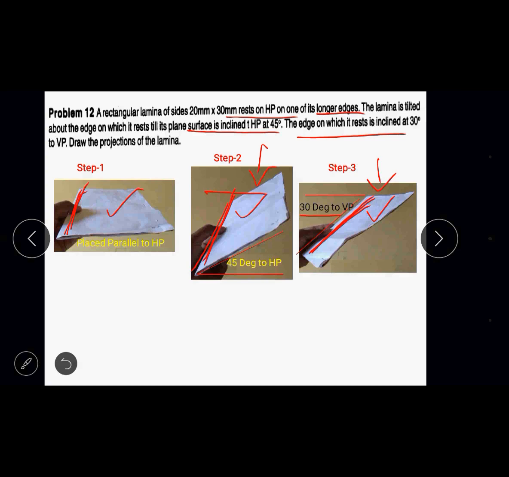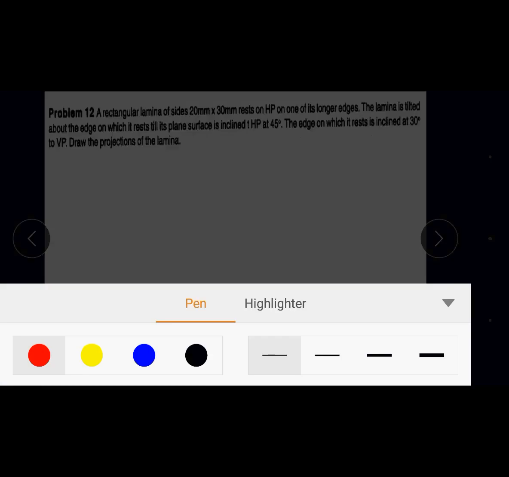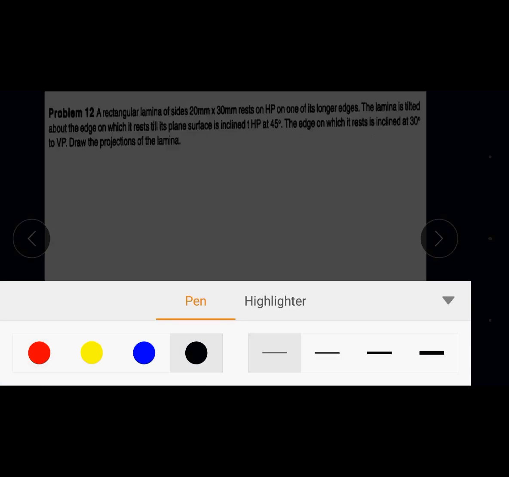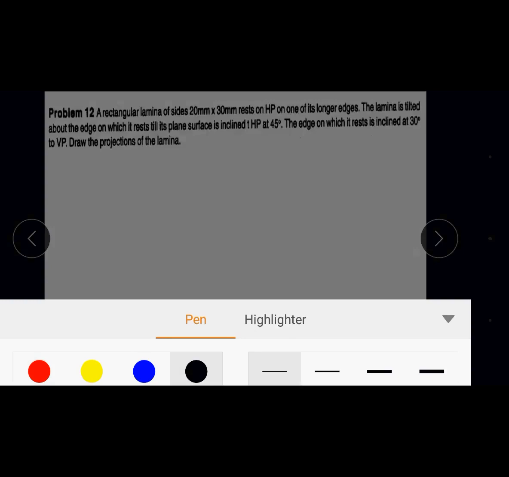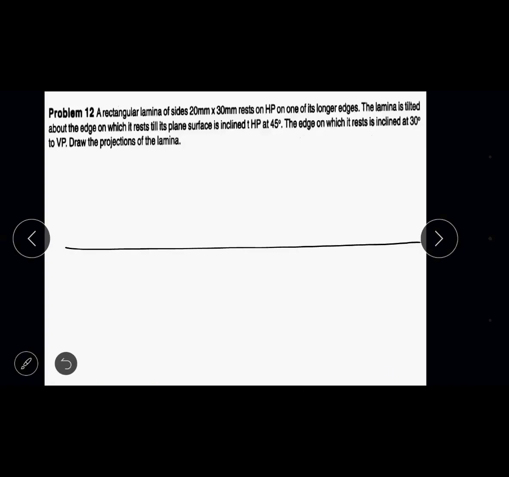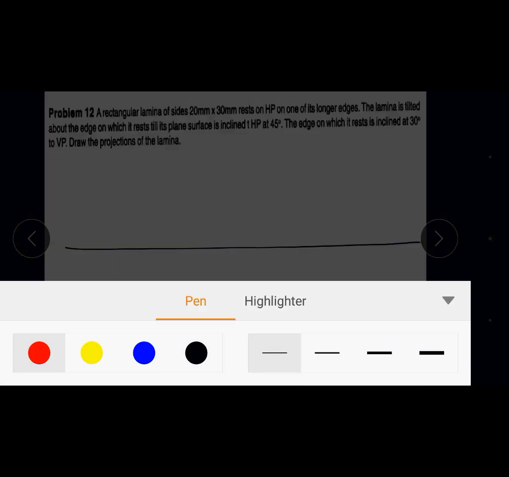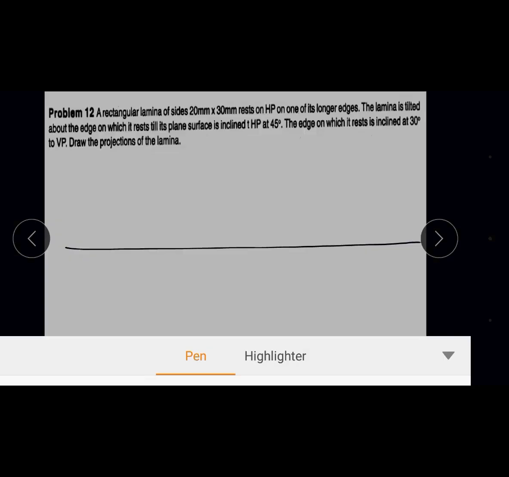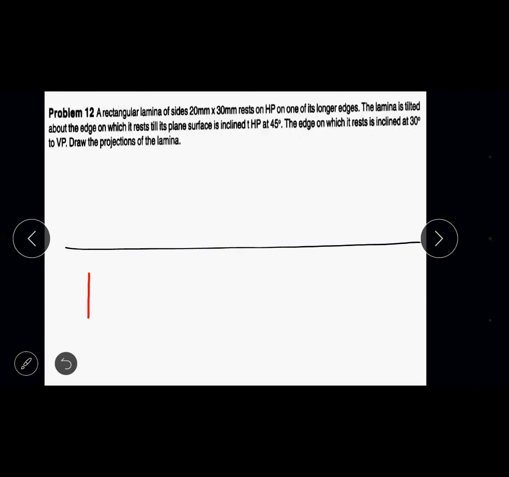So we'll go ahead with a simple sketch. Let us draw the XY line, and I'll explain briefly. This is the XY line drawn, and first I'll construct the regular shaped rectangle. In your sketchbook, draw a vertical line.